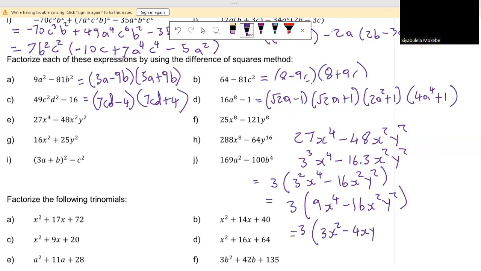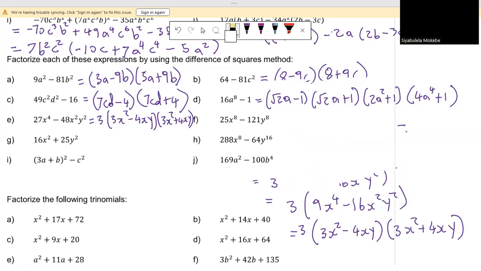So that is our solution for this one: 3(3x squared minus 4xy)(3x squared plus 4xy). Sure.